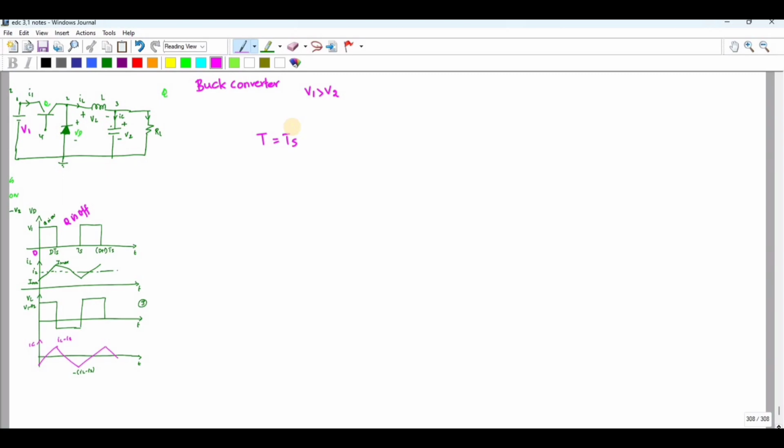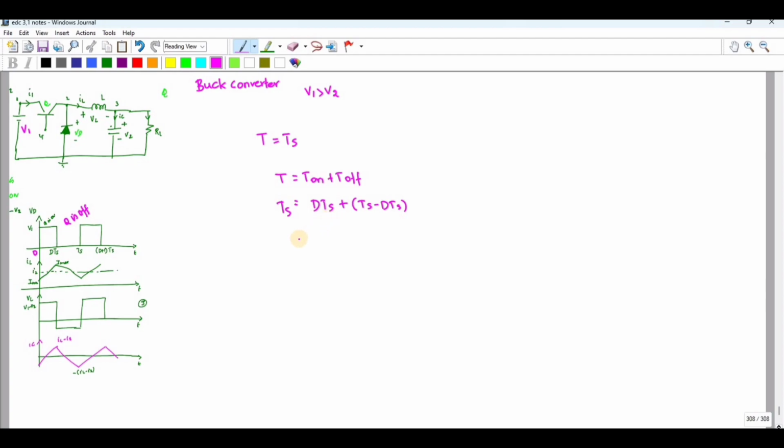So what is the on time? I can write T is equal to T on plus T off. Q on time is DTs and Q off time is Ts minus DTs, which adds up to Ts.